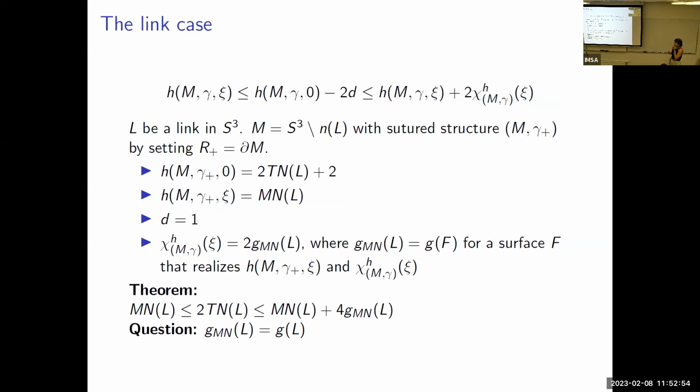You can easily make surfaces that realize the handle number with much bigger sutured characteristic. To realize the Euler characteristic, you need to already have realized the handle number. It's part of the definition. Okay. Yeah, that's what I meant.